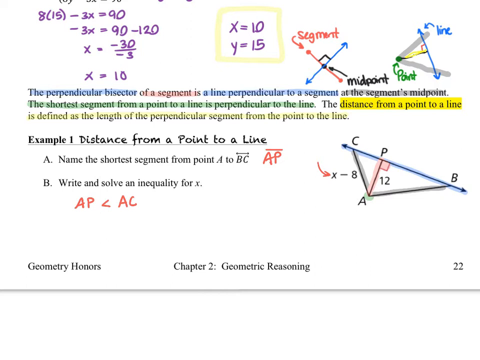Once we've got that, we can substitute in the distances that are given to us in the diagram. So we're going to say 12 is less than x minus 8. When we solve for x, we move that 8 over. We have 20 is less than x, and remember we can turn that around so that the variable's on the left-hand side. So that is x is greater than 20. That's the inequality for x.